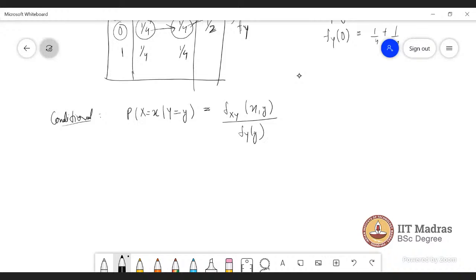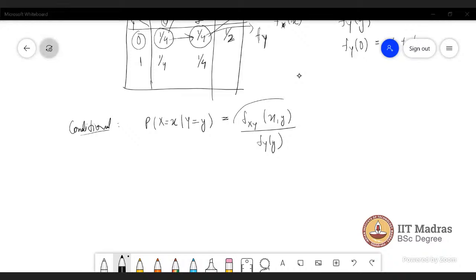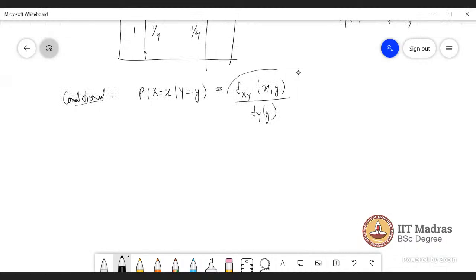This is the joint distribution, and that is the conditional distribution. This is the basic conditional distribution formula that you should know.